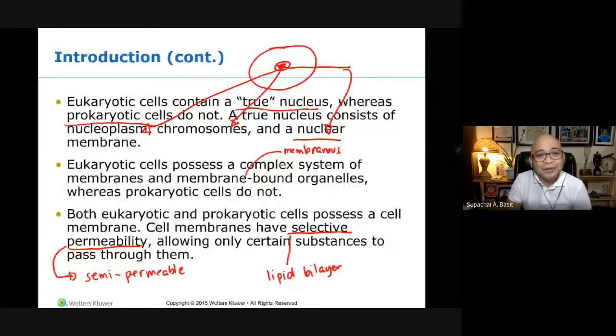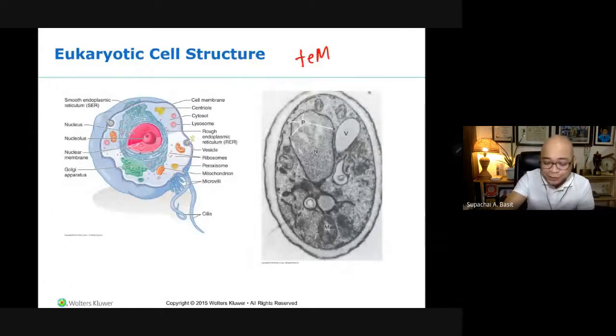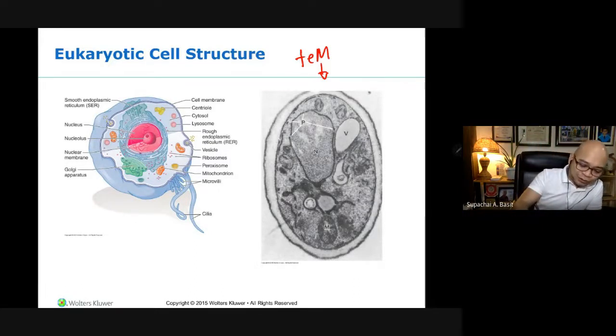Okay, so again, this is the transmission electron micrograph view of the cell. As you can see, you'll be able to study the ultrastructure of the cell. So this is the TEM view. What would be the basic structure of the cell? The presence of a nucleus.